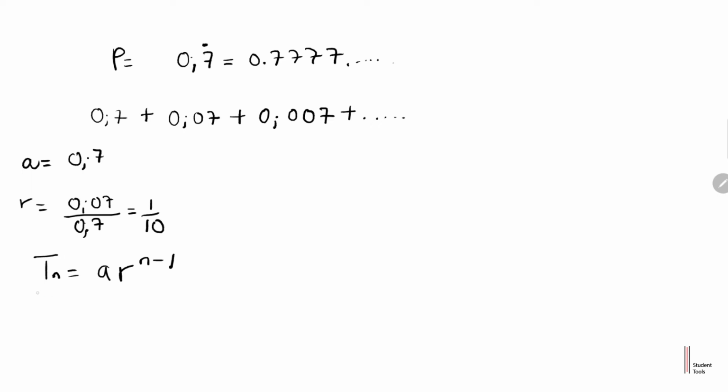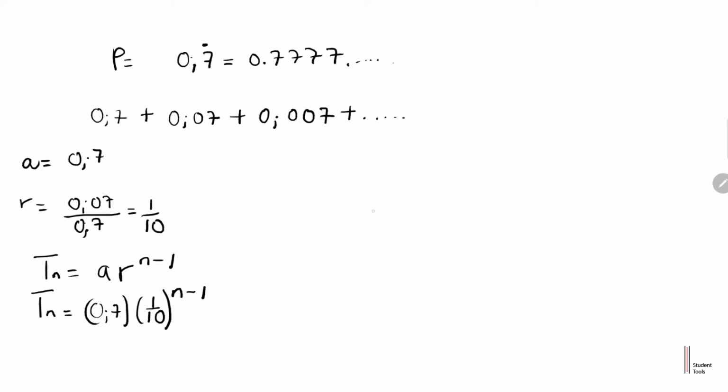So the nth term is equal to 0.7, we put it in brackets, and then r is equal to 1/10. That is to the power n minus 1. So that is just how we find the nth term. Now the instruction was to represent this in sigma notation. So let us do that.